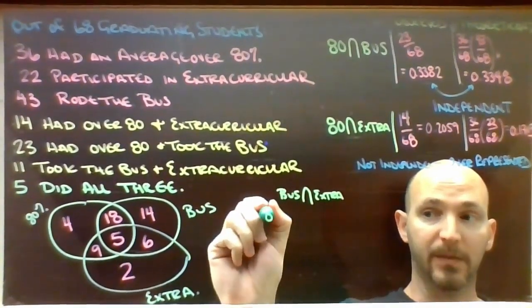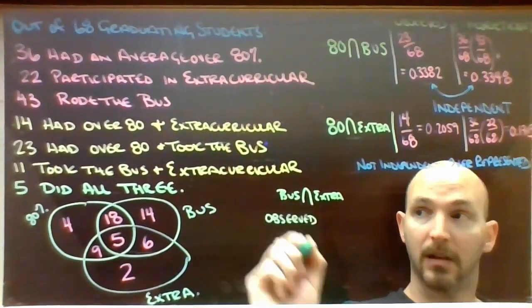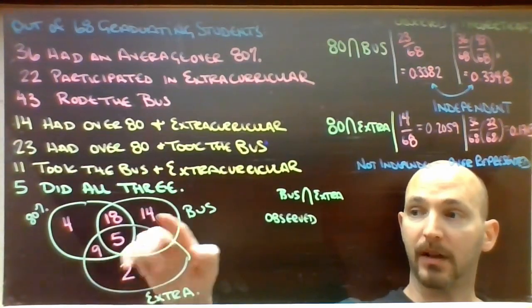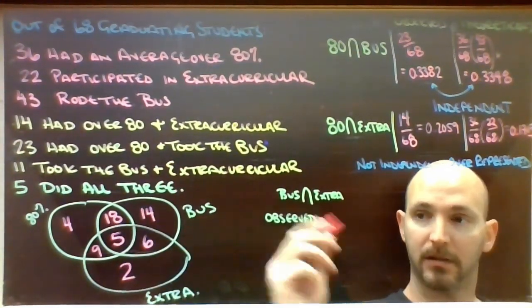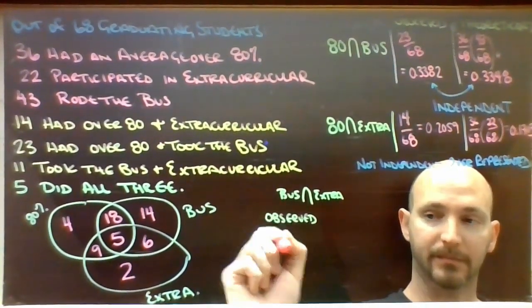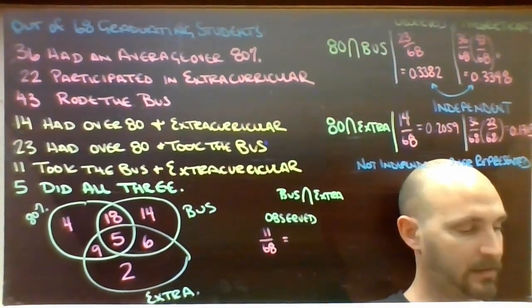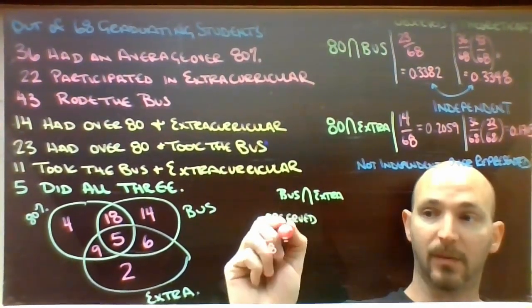So, observed, taking the bus and extracurricular, where is that? That's here. That's 11 people out of 68, which ends up being 0.1618 if you round.